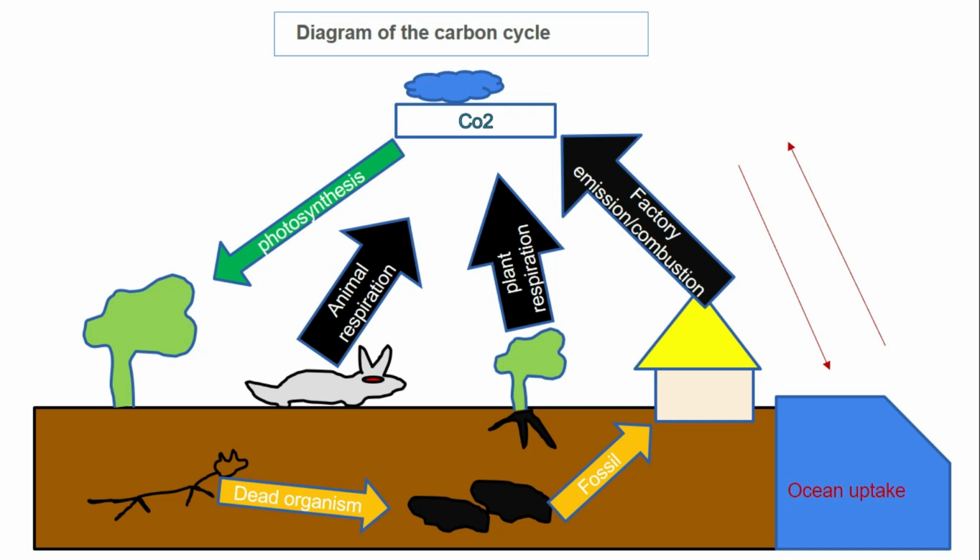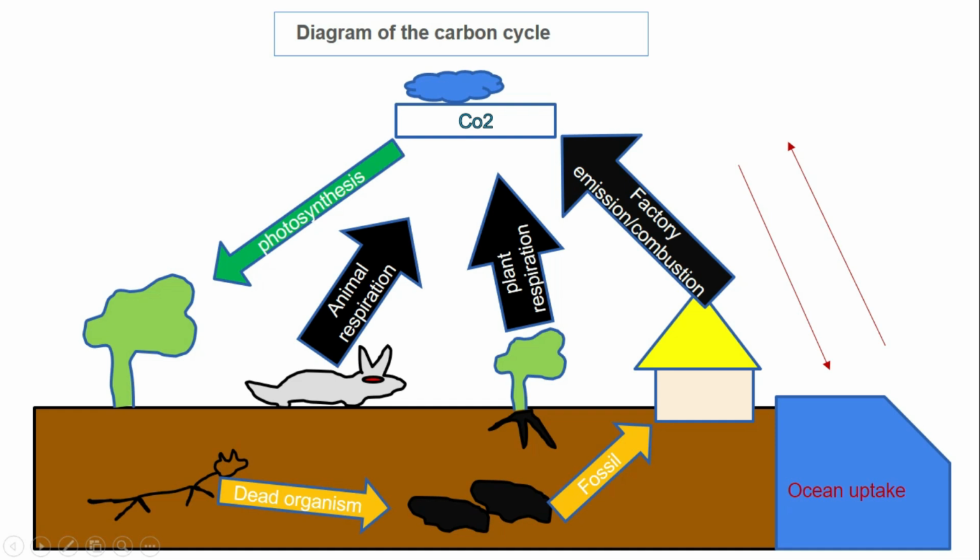All right, and the third main process here is factory emission or combustion. Now, combustion means burning. So if you burn plant parts, if you burn fossil fuel, any form of burning, it will give off carbon back to the atmosphere. All right, so as you can see down here, when these animals and plants die, over millions of years they will form fossil fuels or fossils.